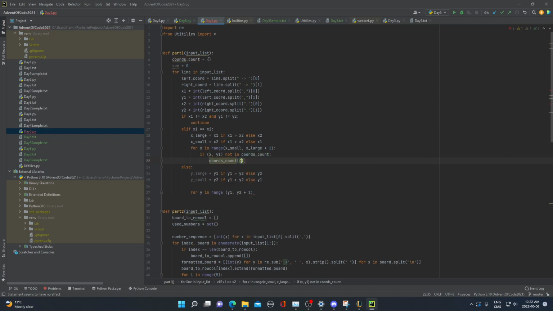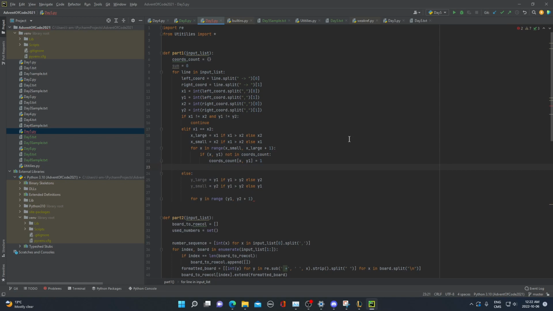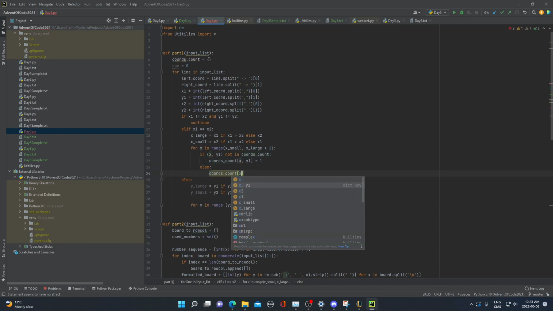Chords count. Do I need this bracket here? Equals 0 or equals 1. Else chords count this plus equals 1.